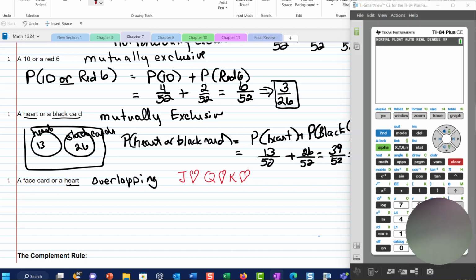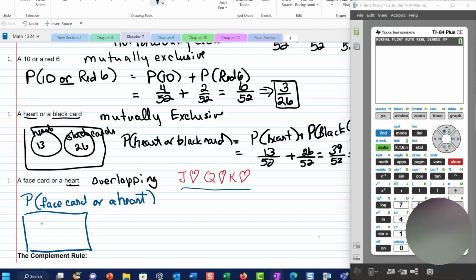So let's write this guy up. The probability of a face card or a heart. And we know what we have right here is in the face cards. So if I drew the Venn, I would have what? Oh, that's right, overlapping. And this is a heart.